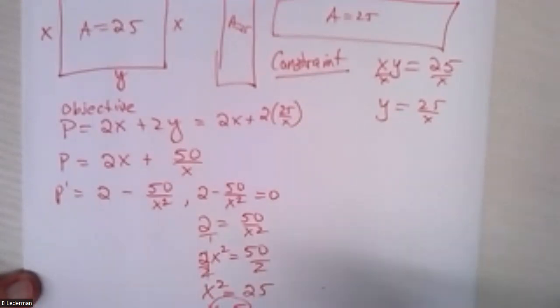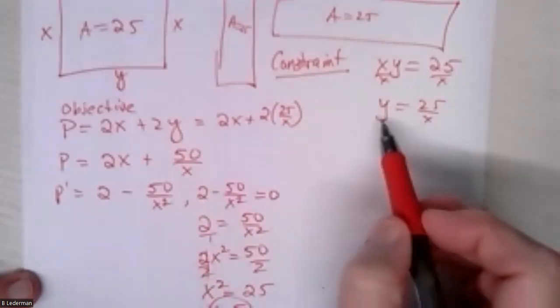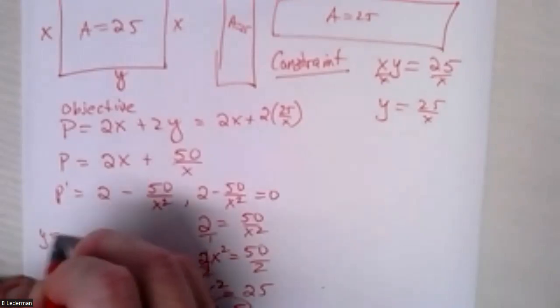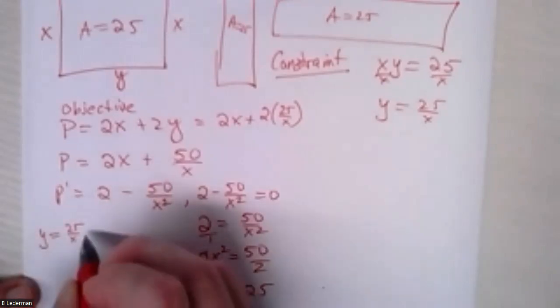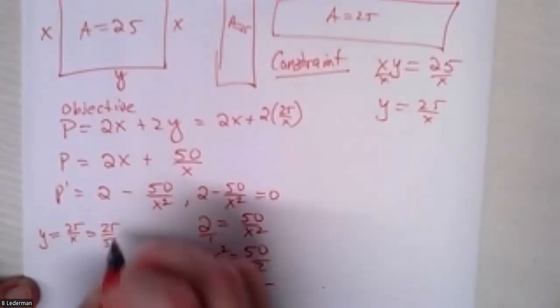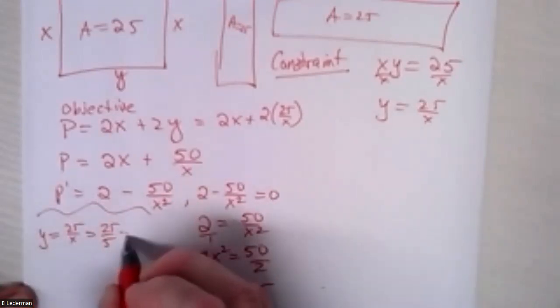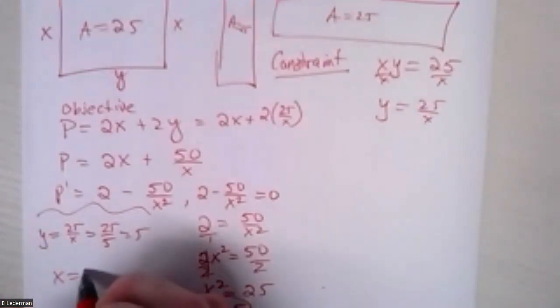Now, if x equals 5, then y is equal to 25 over x, which is 25 over 5, which equals 5. So I get x equals 5 and y equals 5.